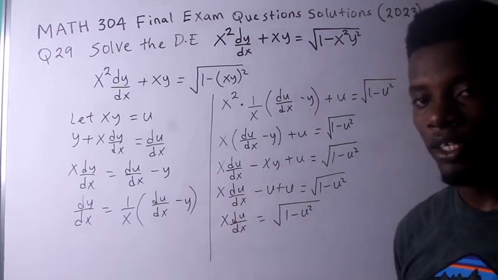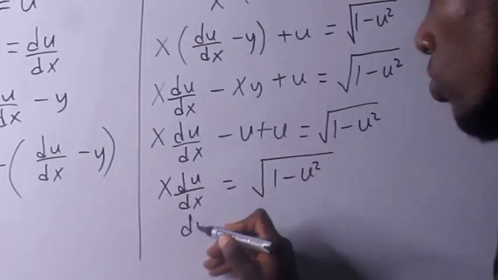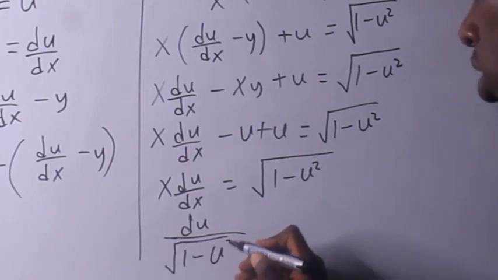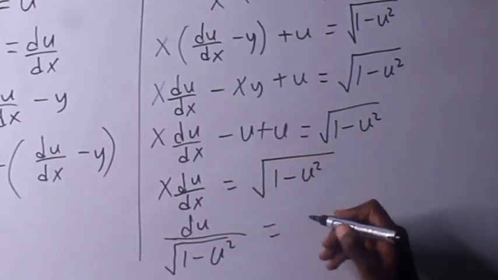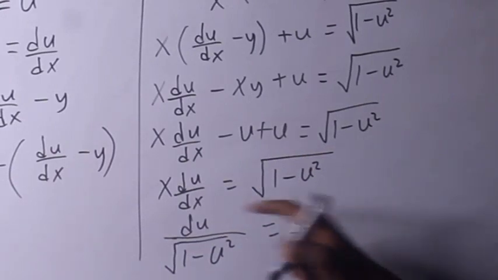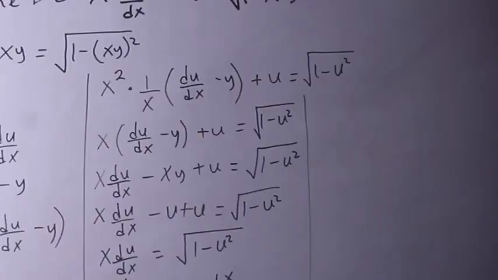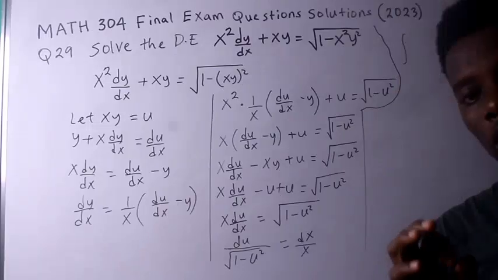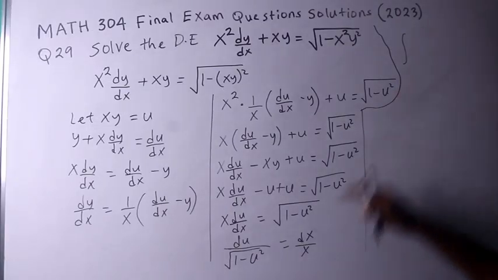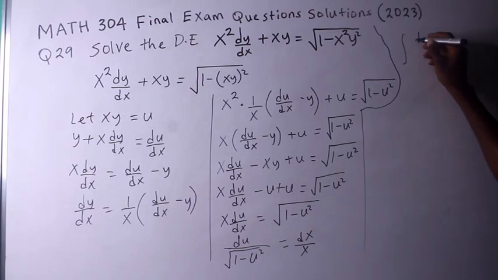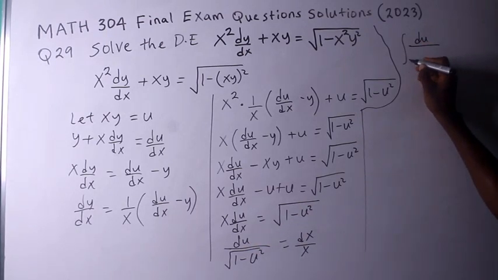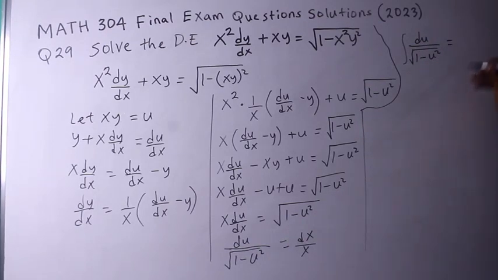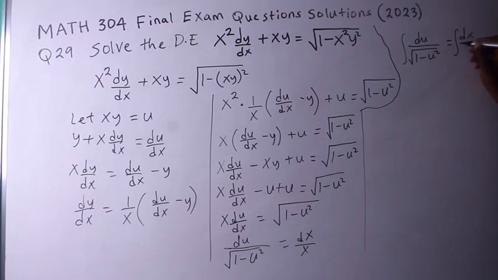Now we're going to divide by x. So we have du over the square root of 1 minus u squared equals dx all divided by x. Once we have that, we'll go right ahead and integrate both sides. So I'm going to have the integral of du all over the square root of 1 minus u squared equals the integral of dx all over x.